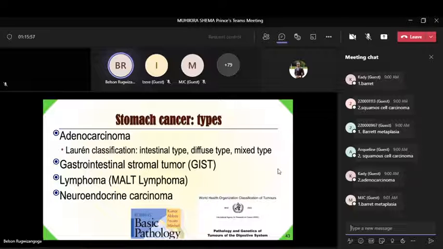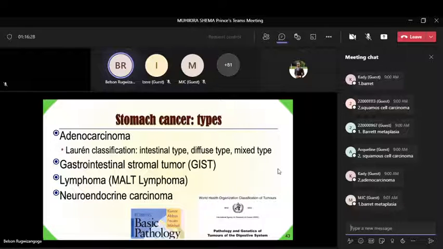For adenocarcinoma, there was someone called Lauren. He was a pathologist, a medical doctor from Norway, and he actually worked in Kilimanjaro Hospital, near Kilimanjaro, in Moshi, in Tanzania. So he's the one who defined how to classify the cancers of the stomach, because this classification helps much in determining the treatment and the prognosis of the patient.